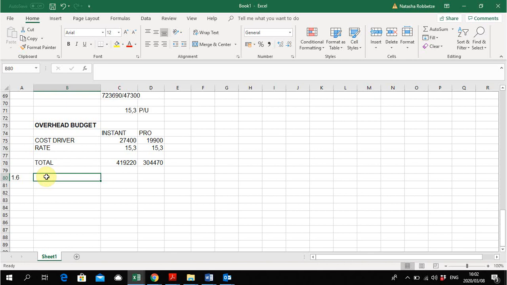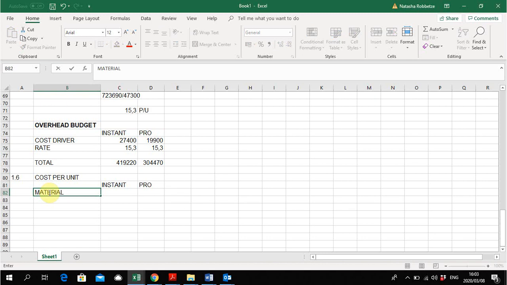And in answering 1.6, we need to calculate the cost per unit. Again, we have two products, Instant Image and Pro Image. And let's see, I remember that we had two materials. So I'm going to start with material celluloid. And we had material silver.